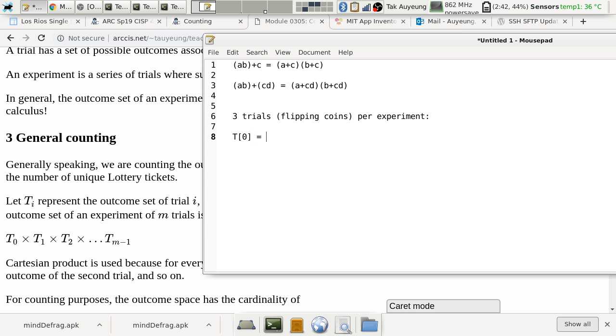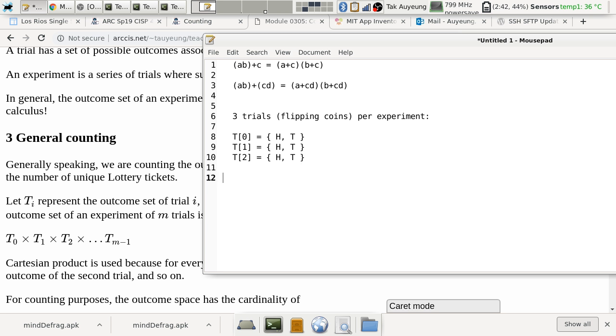So T0 is going to be either head or tail. And then the second one, T1, is also just head or tail. And then the last one is also just head or tail. Does that make sense? Just because the coin lands on the head in the first trial doesn't mean that it cannot land on the head again in future trials.